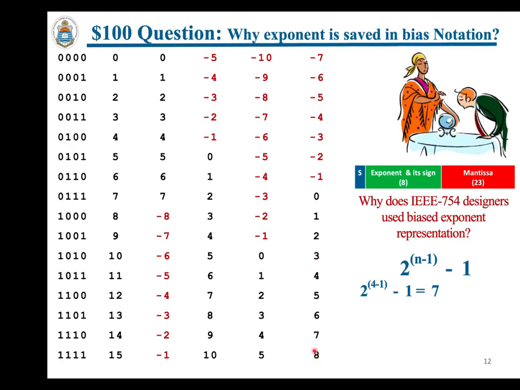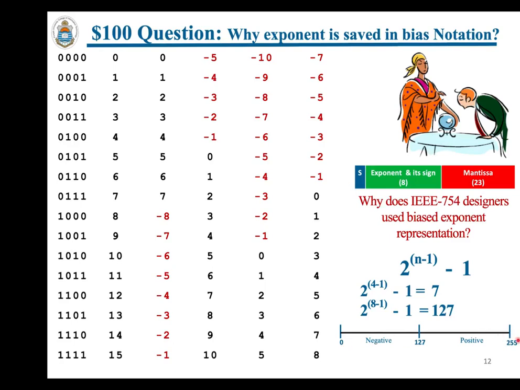That is one additional value on the positive side. Similarly, we can map this to the 32-bit IEEE 754 floating point storage with 8 bits for storing the exponent, and the bias will be 127, and the range will be, of course, minus 127 to plus 128.